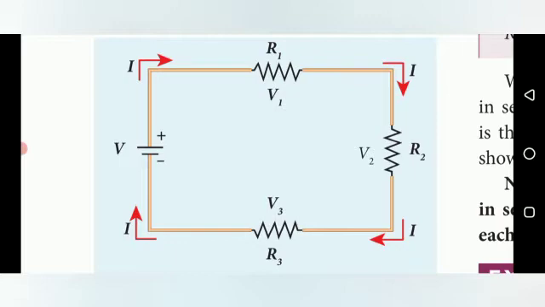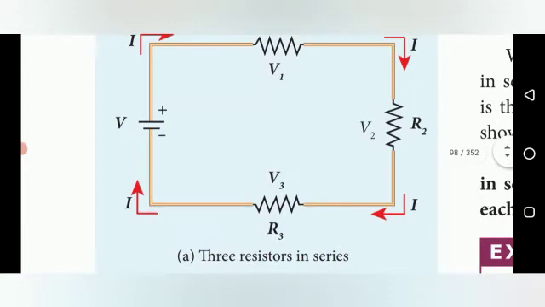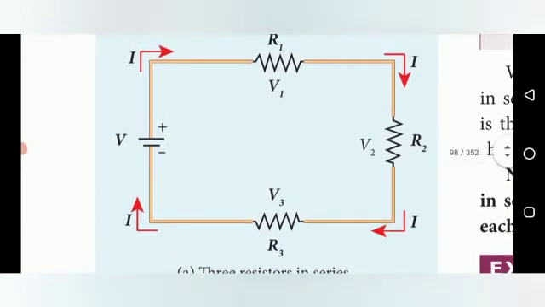The different resistor values R1, R2, R3 can have different potential differences, V1, V2 and V3. Here the current value is constant. That is the concept. When three resistors are connected in series, I is constant, and for different resistors the potential difference is also different.